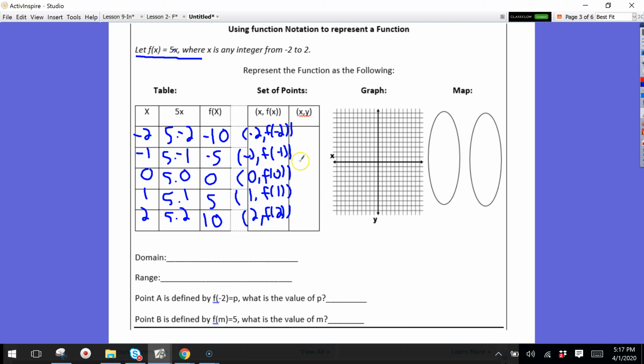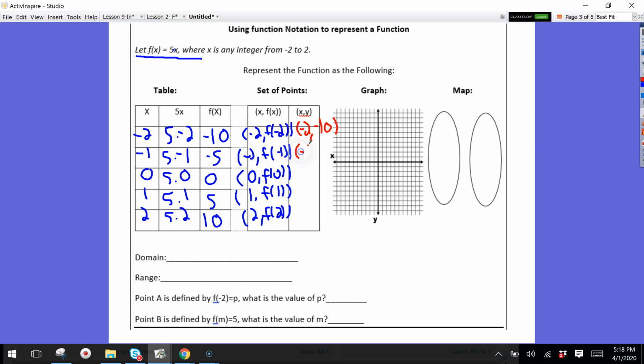So now we're going to write these just as regular points because we know the values. We just computed f of -2, f of -1, f of 0, f of 1. So let's go ahead. Here we have -2 and f. Let's write this in a different color so y'all can see the difference. We know that the x is -2, and our f of -2 is -10.